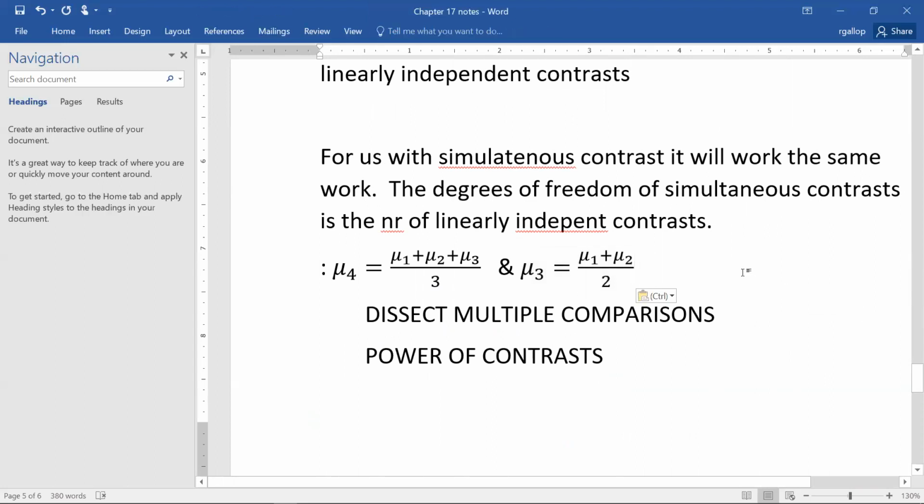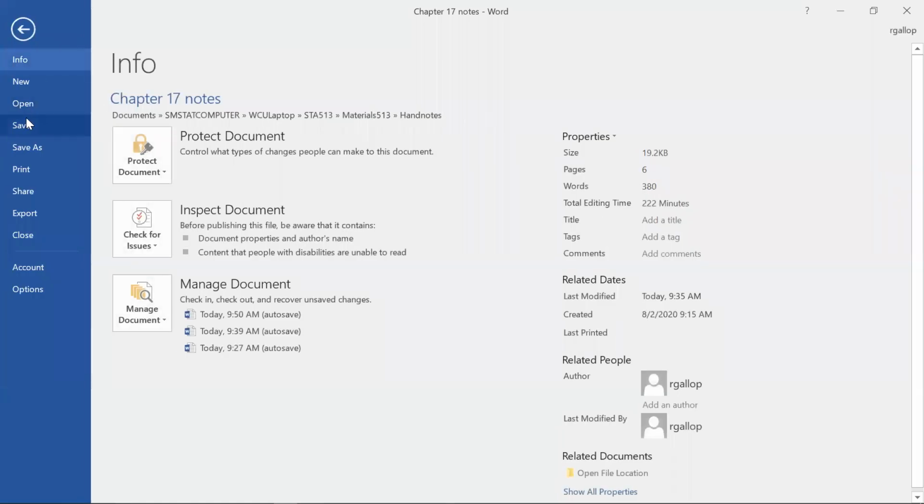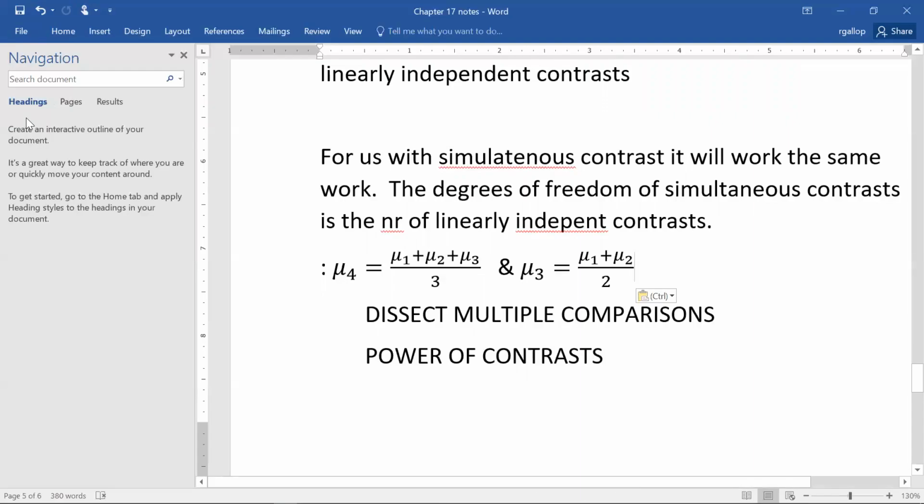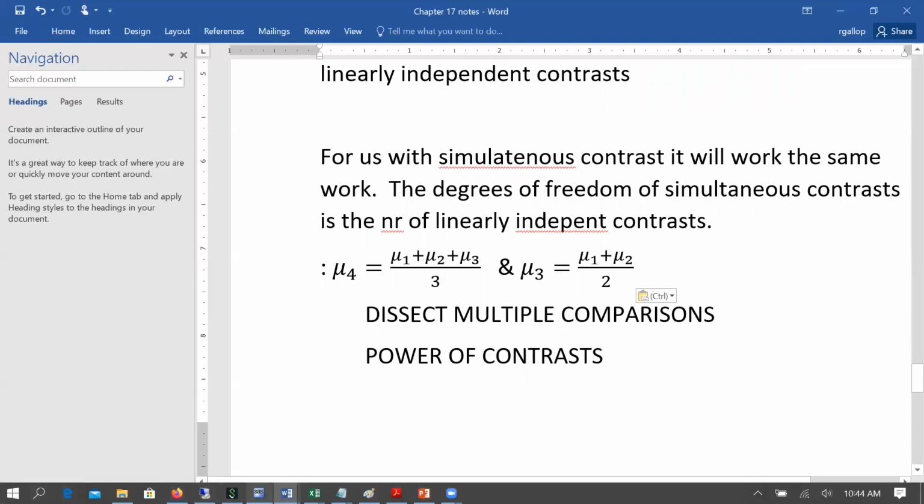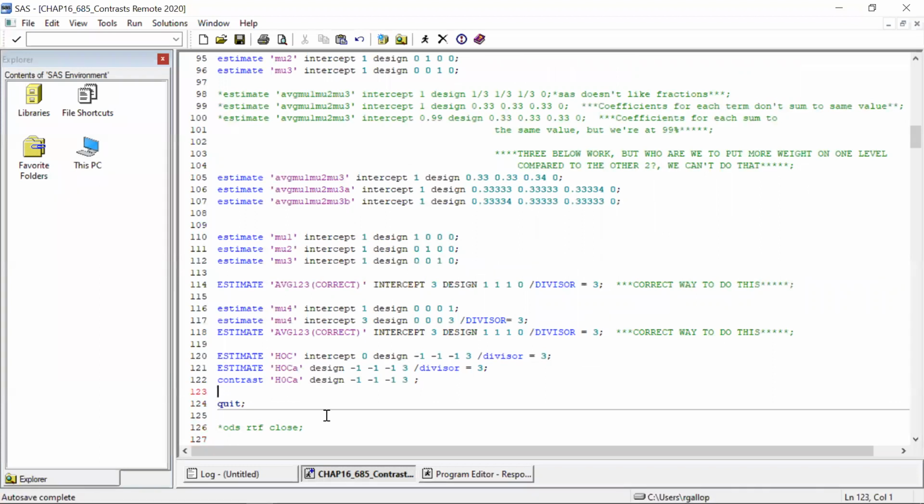All right, so the only way to do this in SAS is through a contrast statement. It's no longer an estimate statement. So let me show you guys how to do this in SAS.